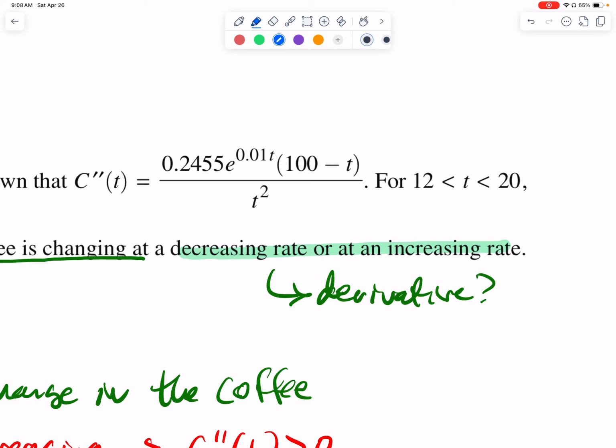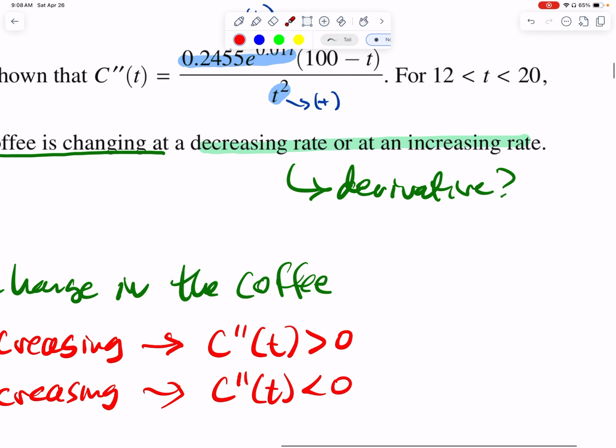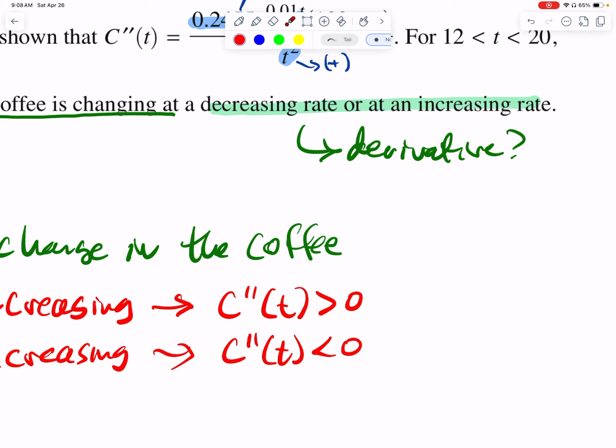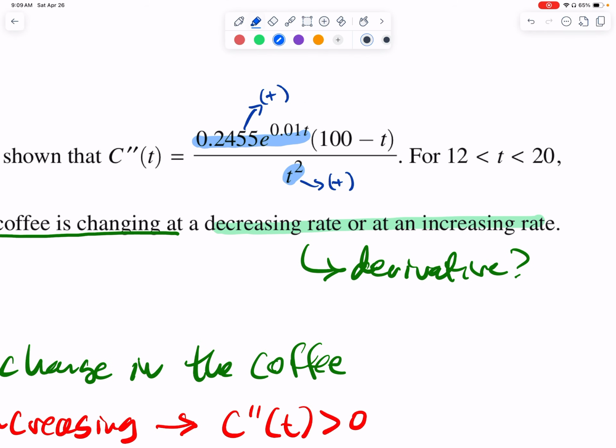For example, this is exponential right here, and exponentials are always positive, so this is plus. And then look down at the bottom. Down at the bottom, we've got a t squared. Pretty sure, since we're not dealing with any imaginary numbers, that's also positive. So the sign of the second derivative, whether positive or negative, is solely dependent upon 100 minus t.